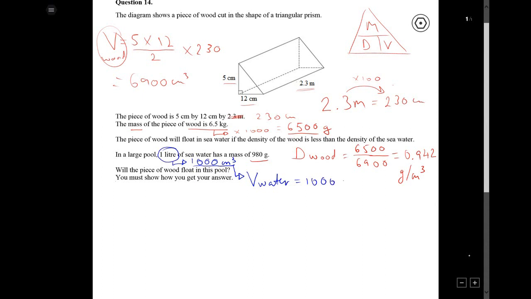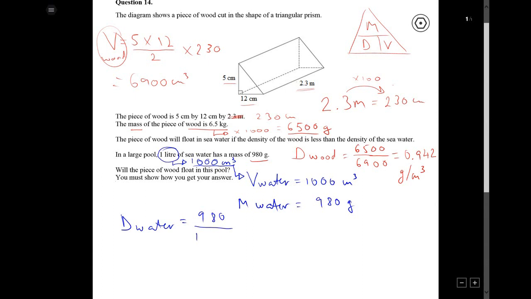Okay, I have my mass of water, which is equal to 980 grams. So now I can work out the density of the water. The density of the water is equal to, again, mass over volume. So the mass, which is 980 grams, divided by the volume, which is 1000 centimeters cubed.